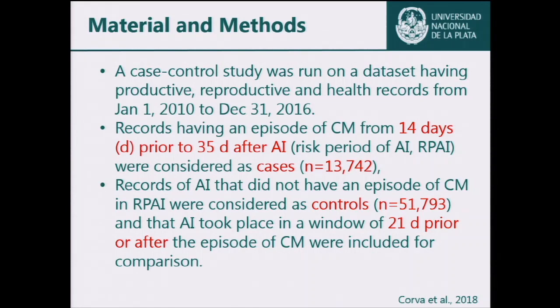And records of insemination that did not have an episode of clinical mastitis at around the same time were considered as controls. We took inseminations in a window of 21 days prior or after the episode of clinical mastitis, so we could make a fair comparison between the cases and the controls.